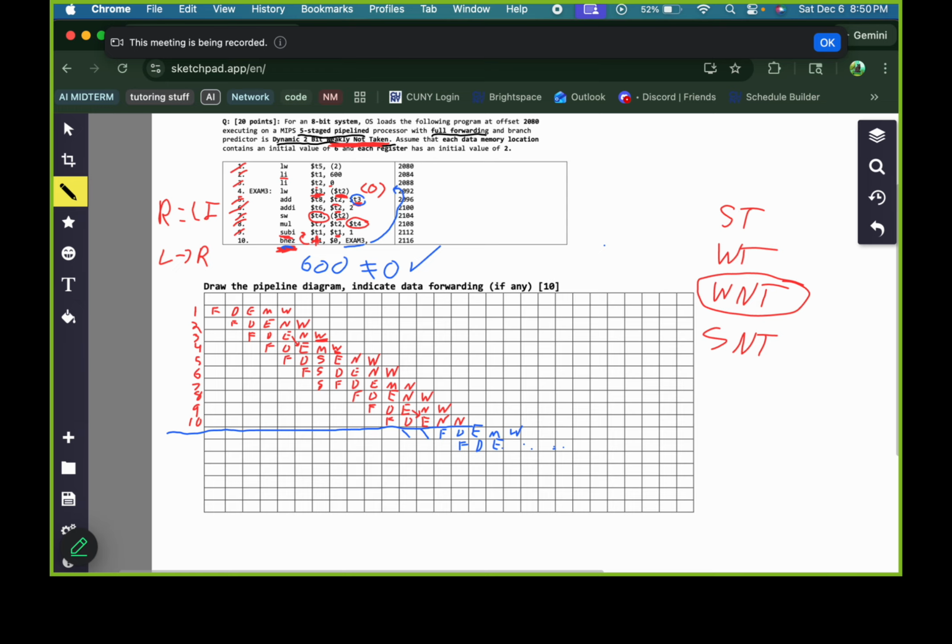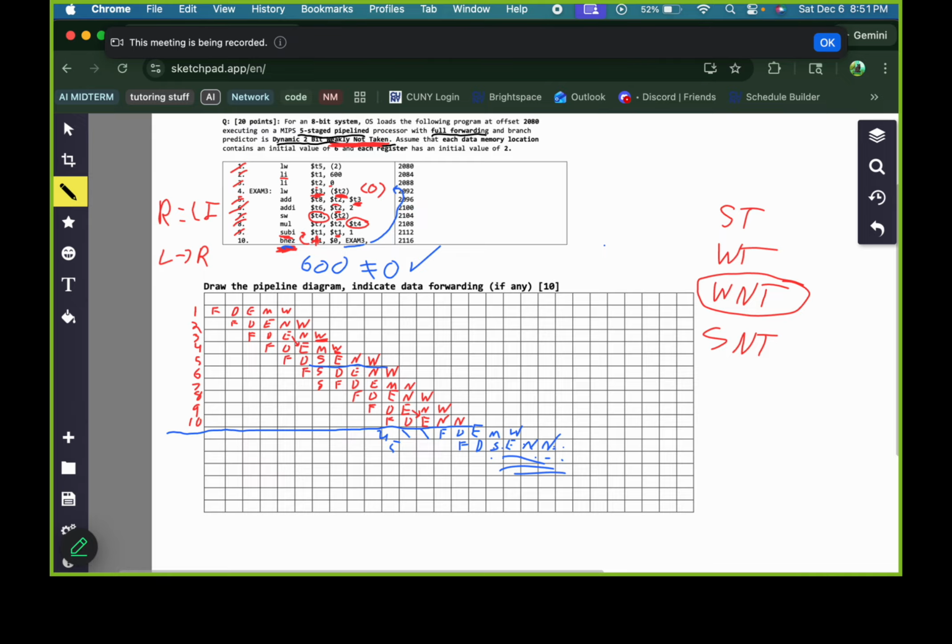Oh, there is a data dependency, so we should have stalled there. Right, so we're kind of just repeating it at this point. This is instruction 4, this is instruction 5, so pretty much just the same thing that I have over here. And we know this continues on and on. But for the purposes of this, we don't really need to worry about that.